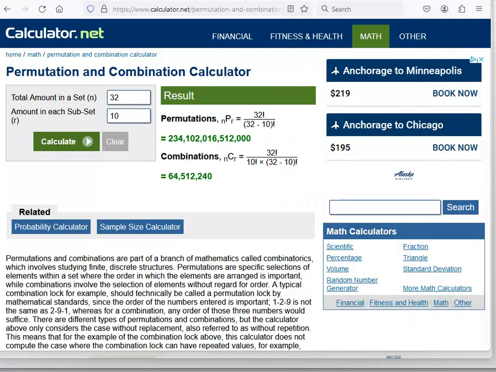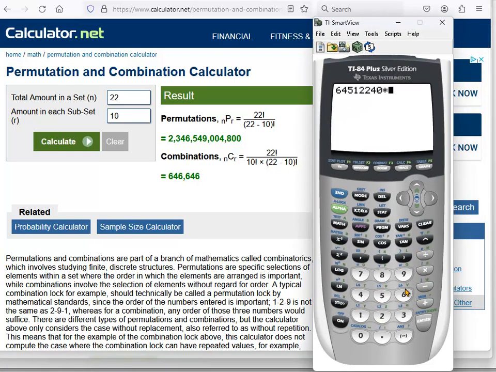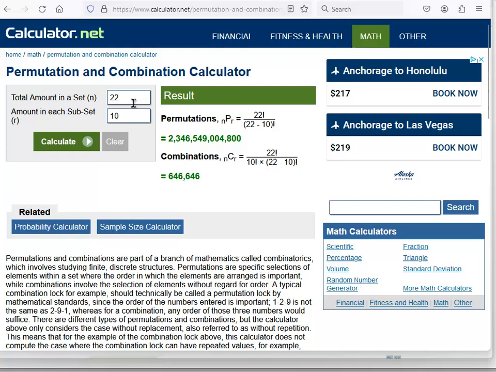And then for the second player, well, 10 of the cards are gone, so only 22 are remaining. 10 out of the 22. So for the second player, there is 646,646, interestingly, repeating there. And then for the third player, now only 12 cards are remaining, so there are only 66 possible combinations.